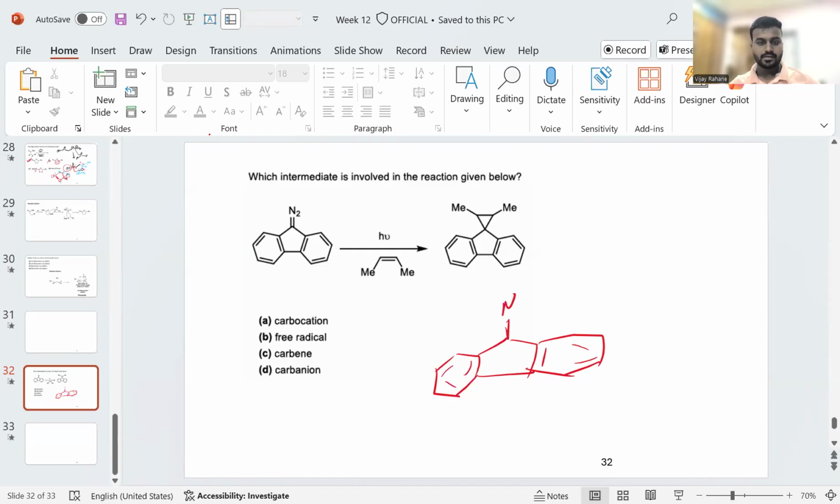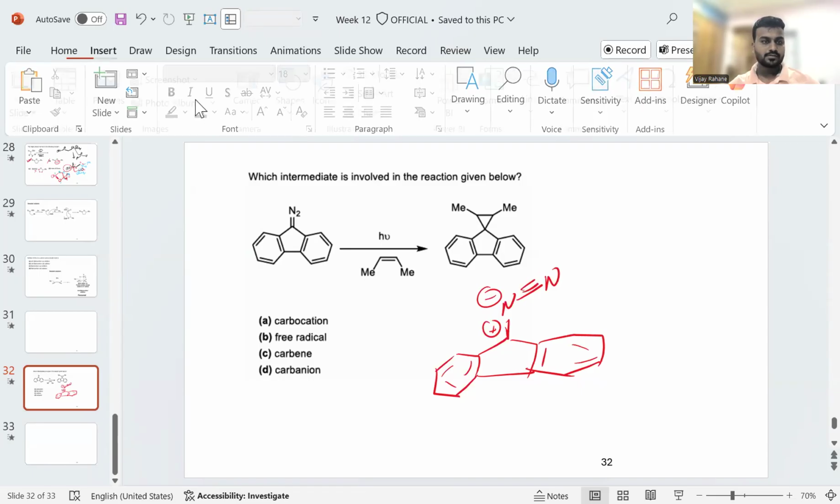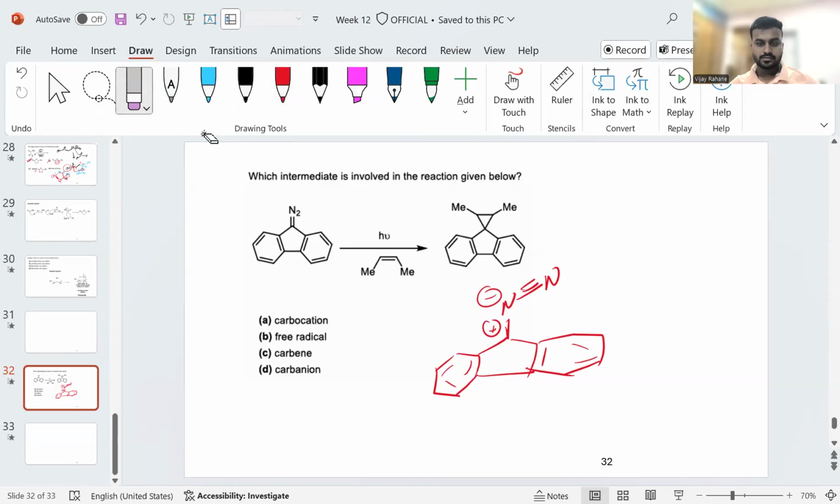This N, and there will be a negative charge and the cation. Sorry, not in this fashion. This will be the positive and this will be the negative, right? When we have only two bonds.